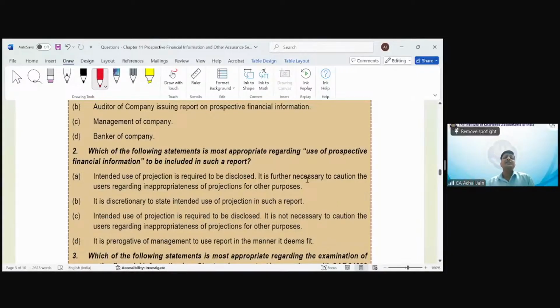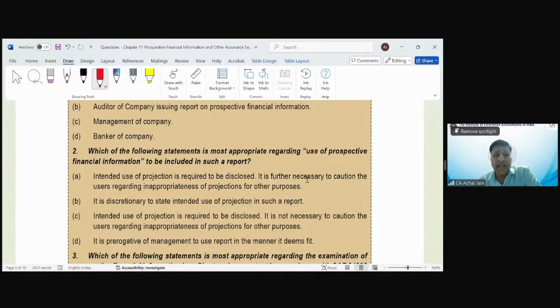Which of the following statements is most appropriate regarding use of prospective financial information to be included in such a report? A. Intended use of projection is required to be disclosed. It is further necessary to caution the users regarding inappropriateness of projections for other purposes. B. It is discretionary to state intended use of projection in such a report.